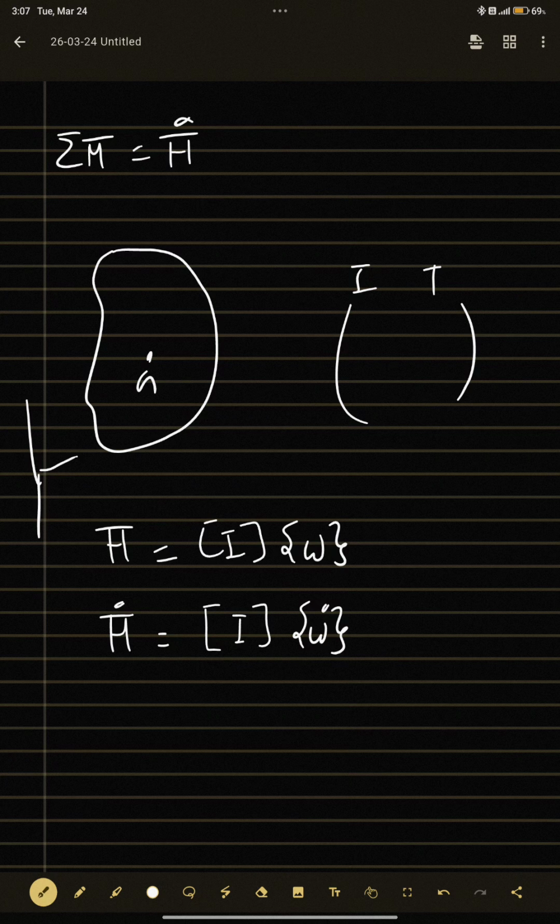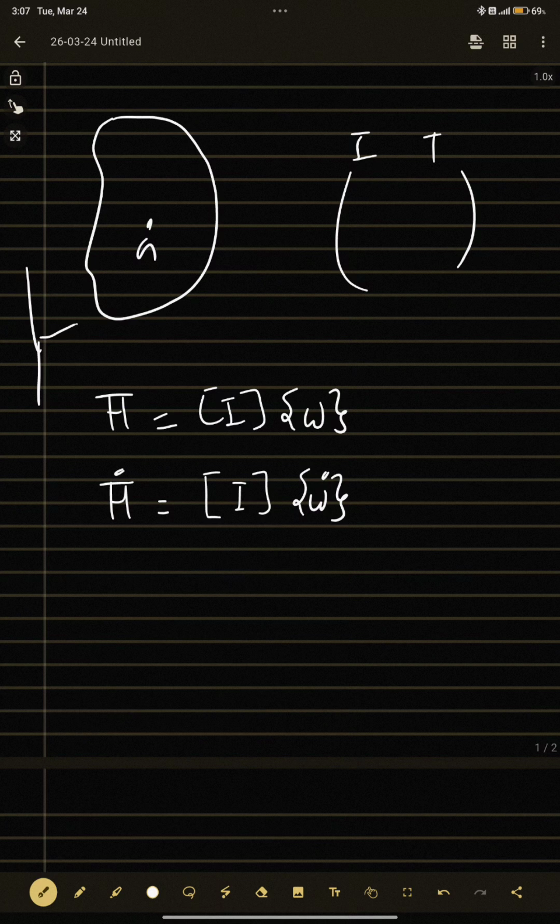One important point to note here is that this time derivative is on omega only if the inertia matrix is not a function of time. The inertia matrix is not a function of time if it is body fixed.